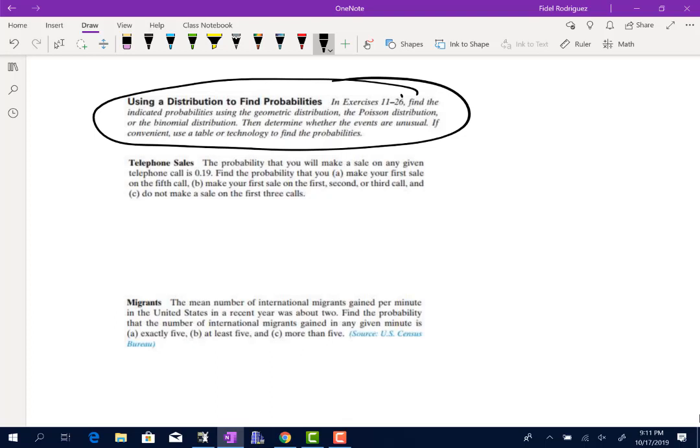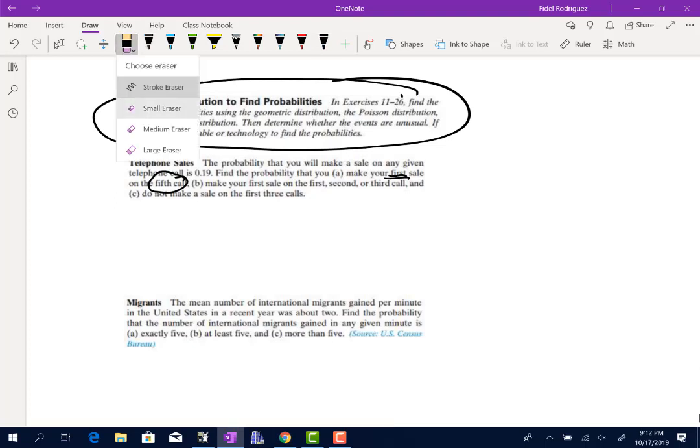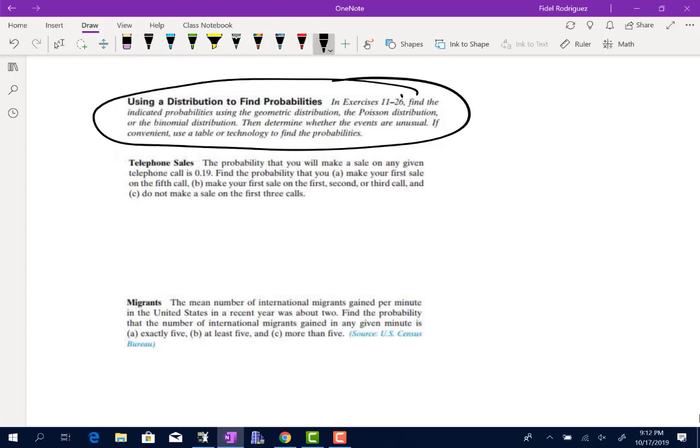So we're trying to figure out the probability that we make our first sale on the 5th call. This is telling me this is going to be geometric. I'm going to keep calling until I am able to sell something, whatever it is that they're selling. So this is going to be a geometric because we're going to keep doing this until we're successful.